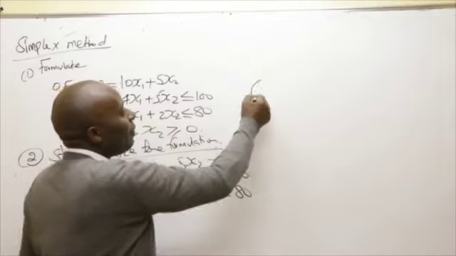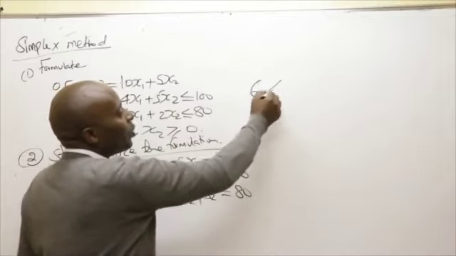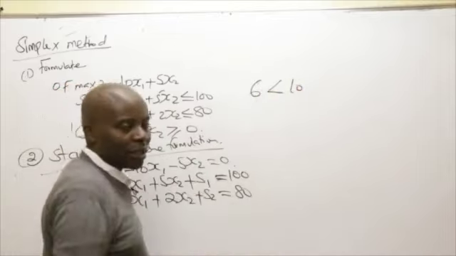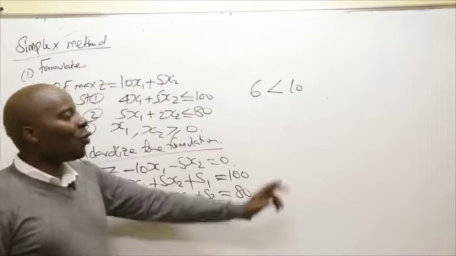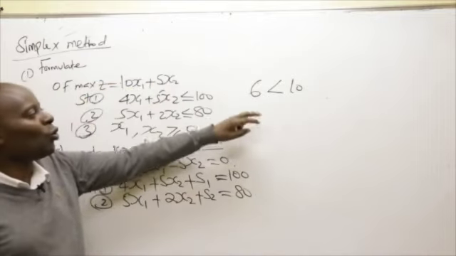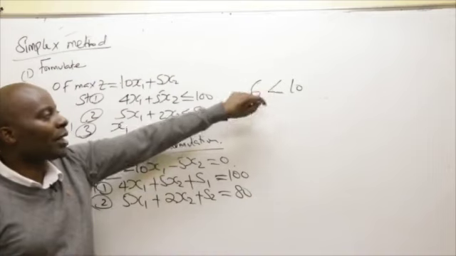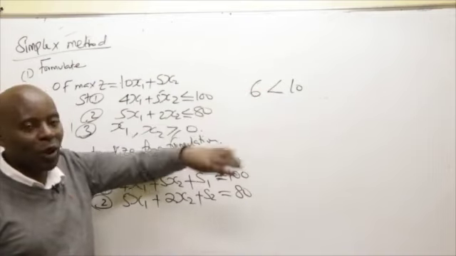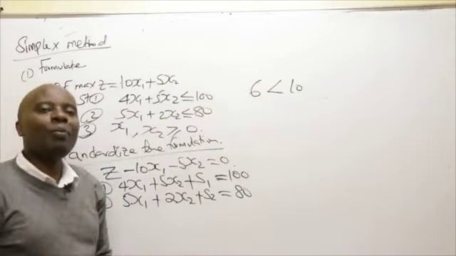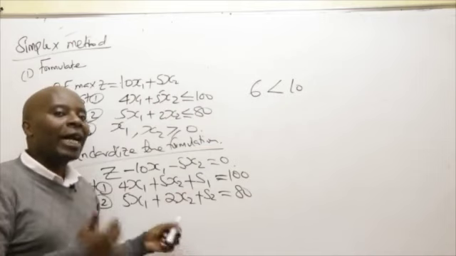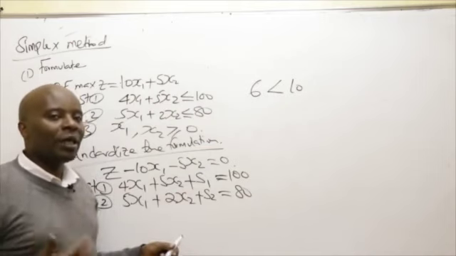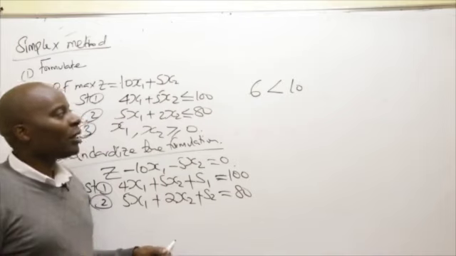If you're given a number like 6, and then someone tells you that 6 is less than 10, and you want to get rid of this inequality, what you'll do is make an adjustment on the left-hand side.